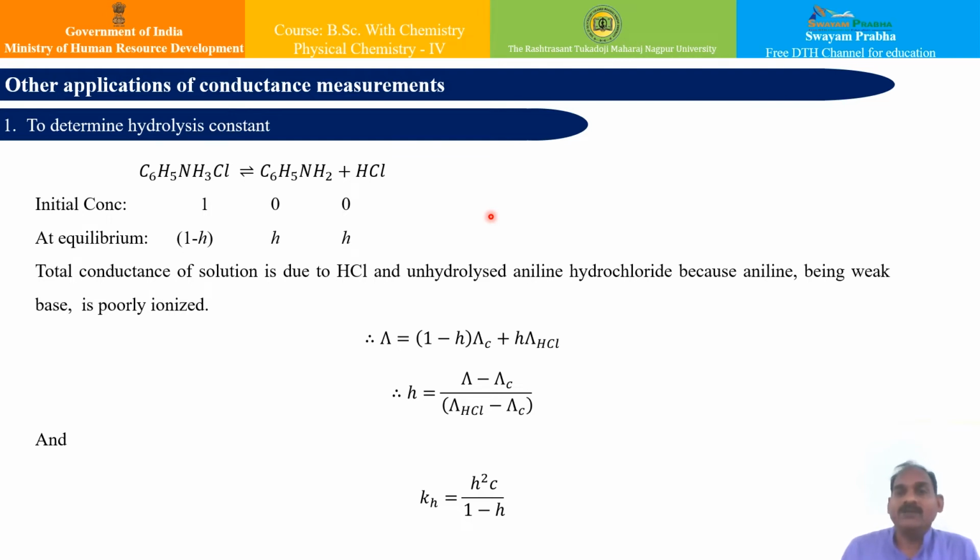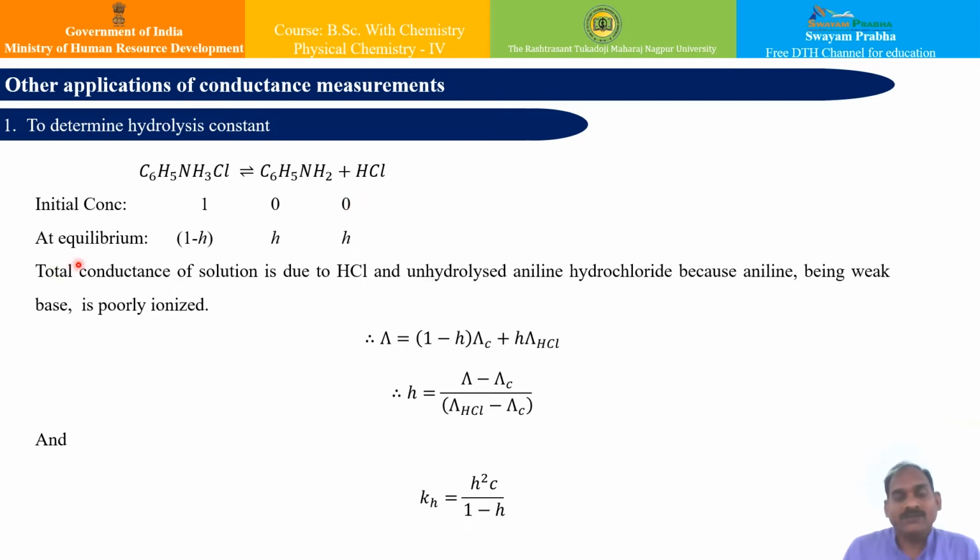One can determine the hydrolysis constant of a weak acid or weak base using this method. For this, let us consider the example of hydrolysis of aniline hydrochloride. It is the salt of the weak base aniline and the strong acid HCl. When it is dissolved in water, it undergoes hydrolysis like this. At the initial concentration, the salt is 1 and both aniline and hydrochloric acid are 0, 0.